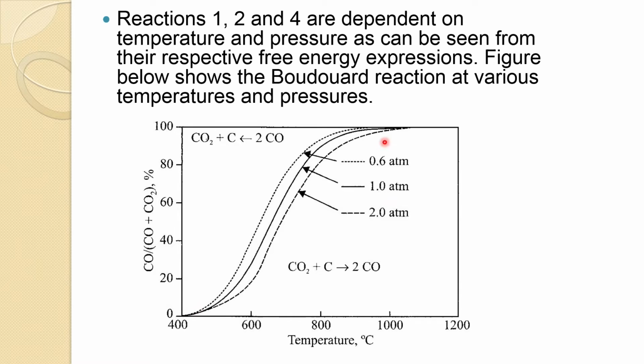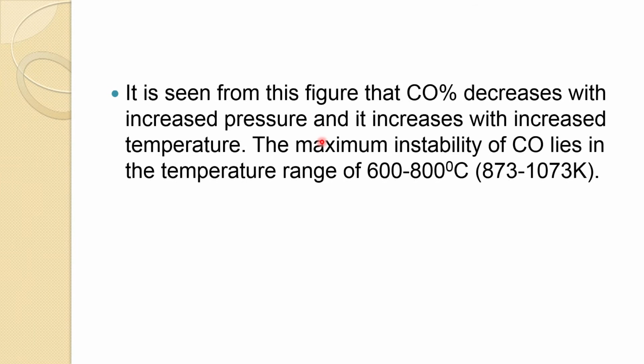The most unstable region actually is between, I would say, 600 to 800, where this is changing rapidly. This is the region which is very unstable, and you can see it with the slope of the curve.